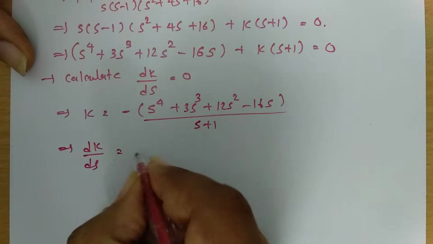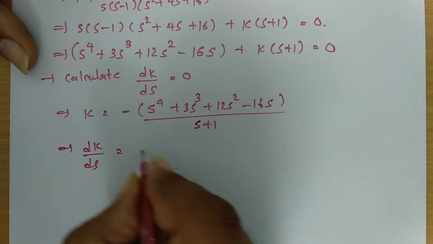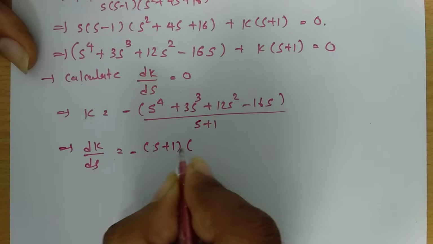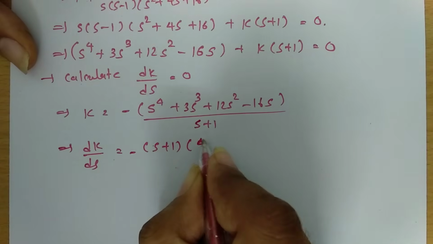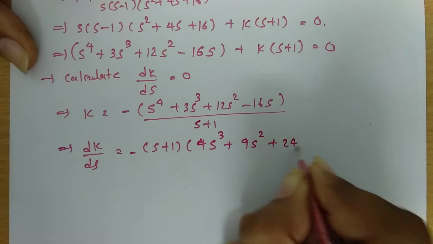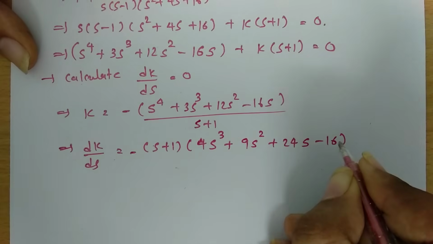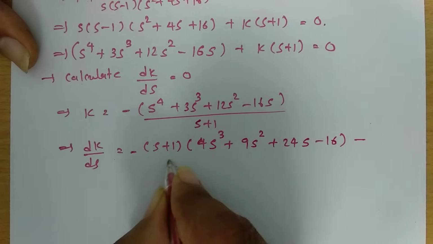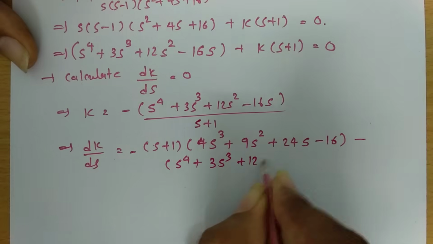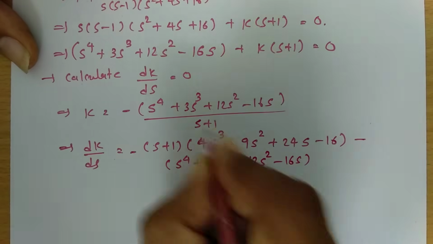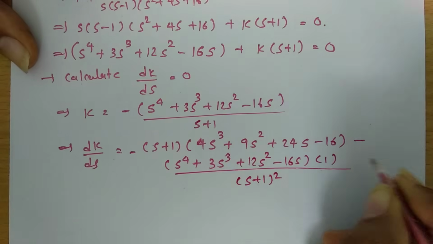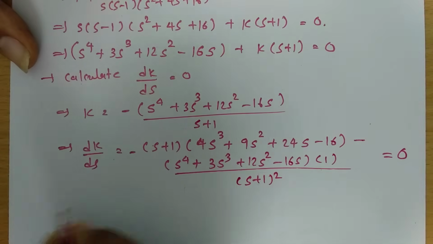We will have this differentiation: denominator times numerator's differentiation, which is 4s cube plus 9s square plus 24s minus 16, minus the numerator as it is, s raised to 4 plus 3s cube plus 12s square minus 16s, and the denominator's differentiation is 1, all divided by (s plus 1) whole square, and this equals 0.